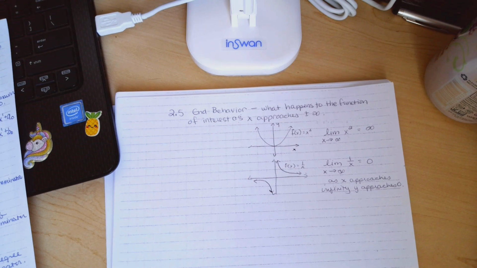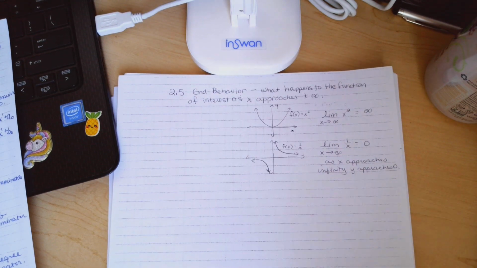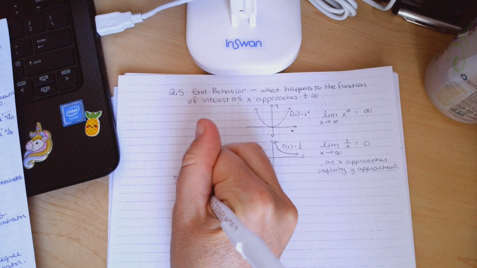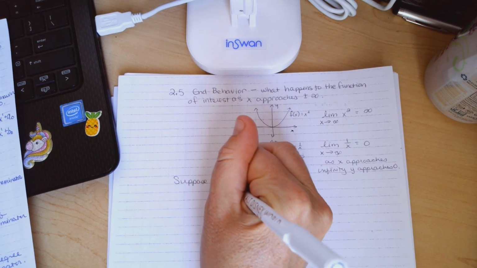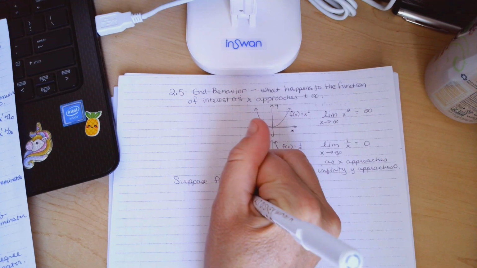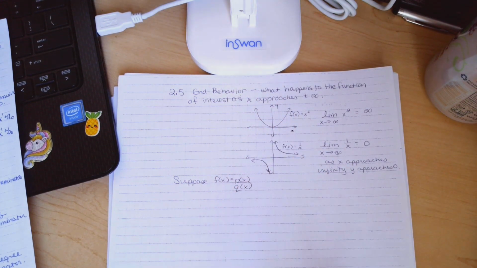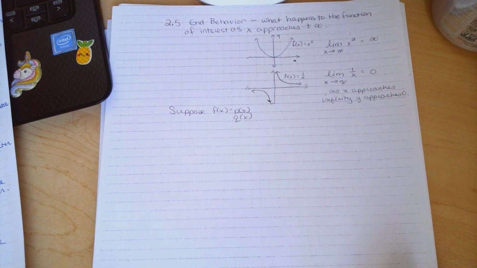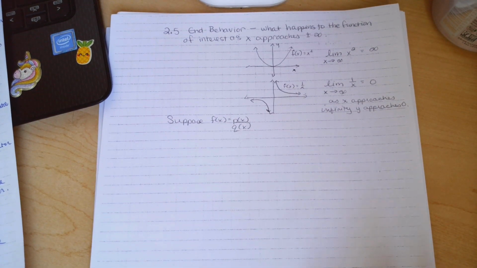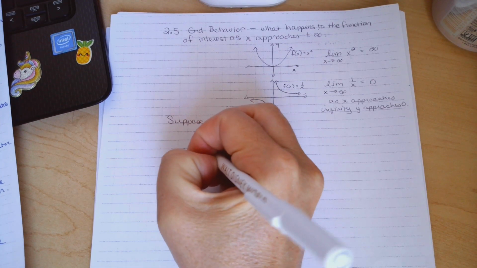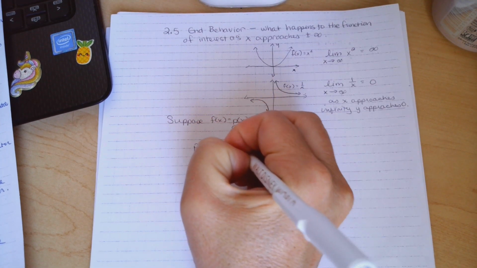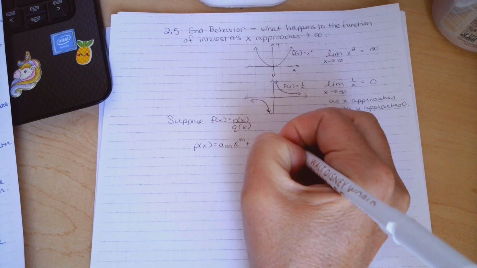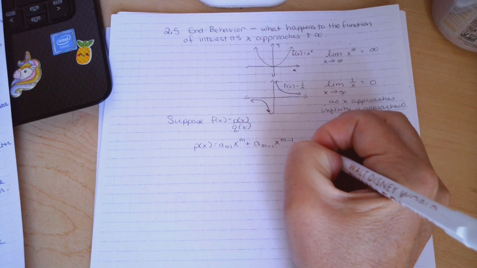So there's some rules that I'm going to go over that are just going to help us. So suppose we have f of x equals p of x over q of x, where p and q are polynomials. So we have our just friendly rational expression here, right? Fraction with polynomials. And our p of x, we're going to use the same expression we talked about the last video to represent our polynomial.